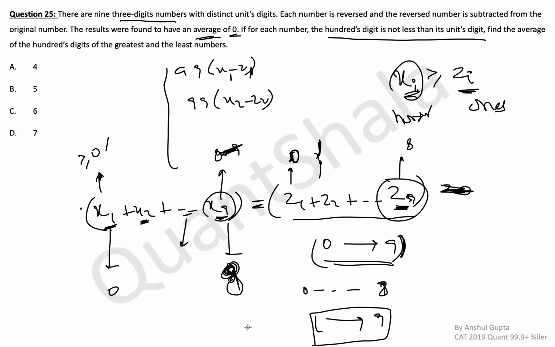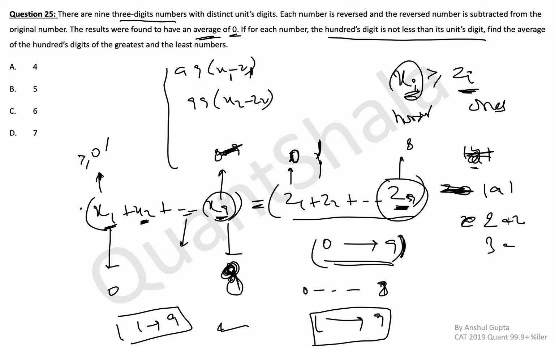And similarly the hundredths digit will also have to range from 1 to 9, being equal to the ones digit. That means the numbers are of the form 1a1, the first number, then 2b2, 3c3, something of this sort. The middle digits can be anything, but the outer digits are the same and go from 1 to 9, up to 9i9.